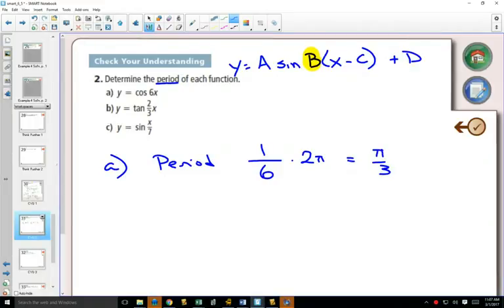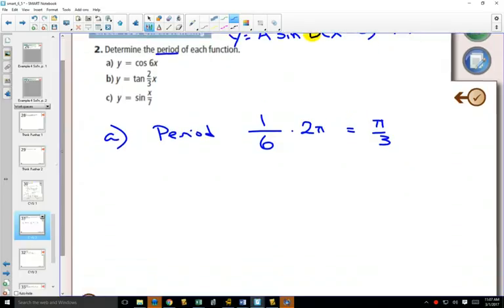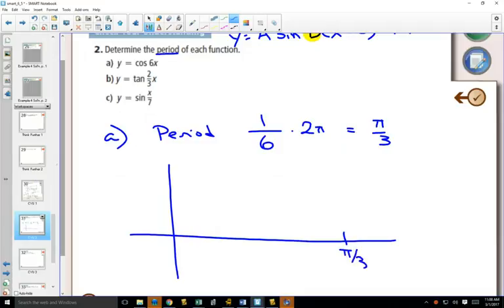So now how do we graph this quickly, easily? Well, we start by making our axes, but instead of marking one period at 2 pi here, since our new period is pi over 3, we'll mark a section there that's pi over 3, and this will be one full period. And just like the axes family splits it into 4 sections, we're going to take that pi over 3, cut it in half, half of pi over 3, pi over 6.